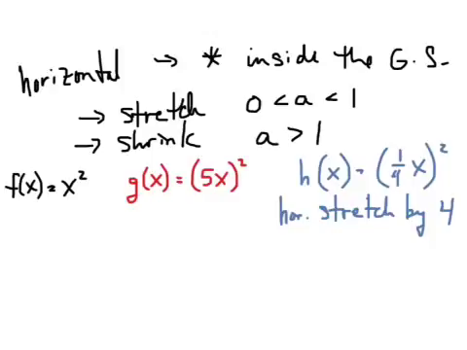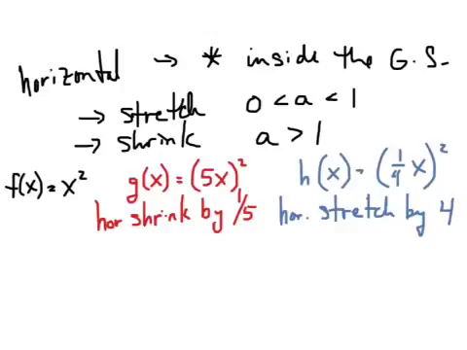That's the same thing as the reciprocal. So when you're reporting it, you always report the reciprocal of this. Very similar to going the opposite direction when we're dealing with shifting. So this would be a horizontal shrink by 1/5.